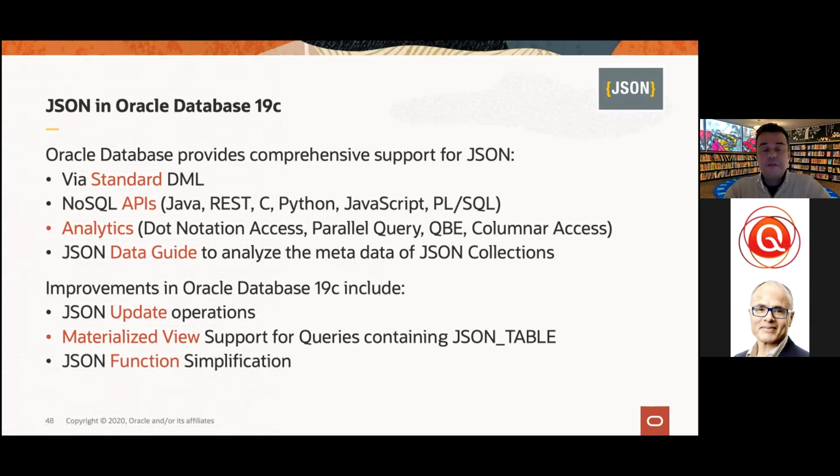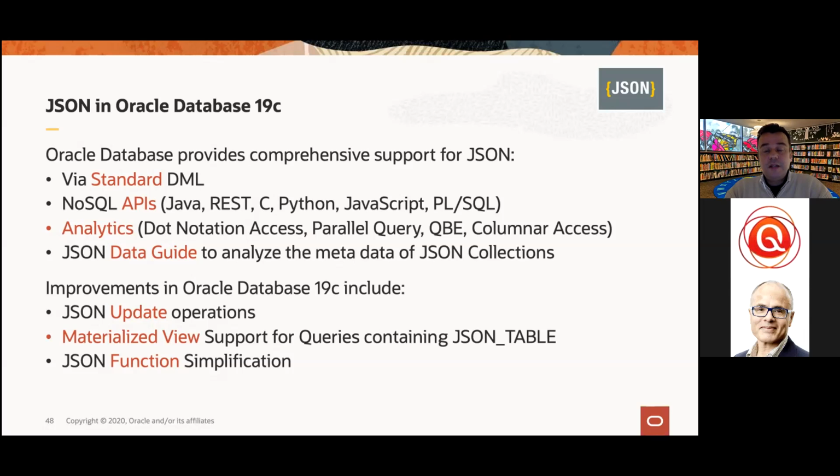And we have them available for Java, for Python, JavaScript, so let's say the most important programming languages. And then we have them also for C, for REST calls, for PL/SQL. So you can use REST calls from the PL/SQL itself.